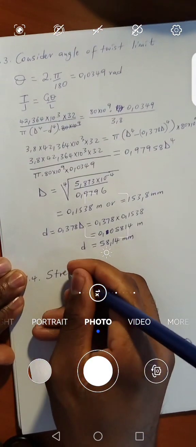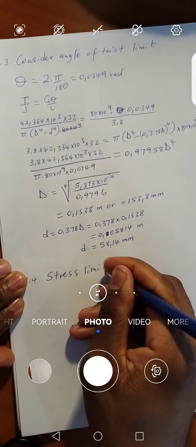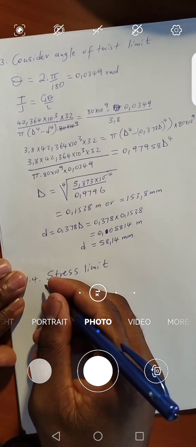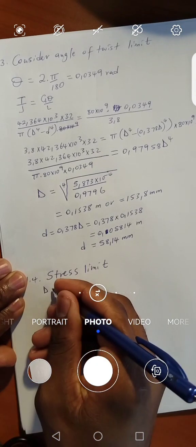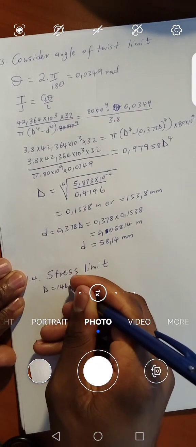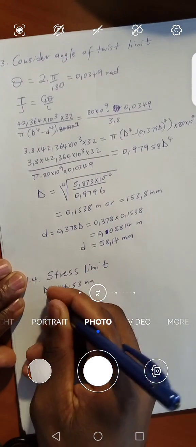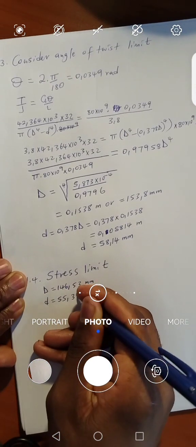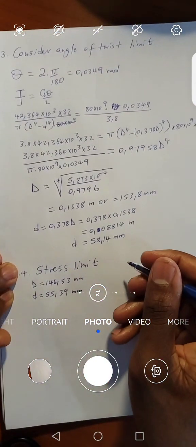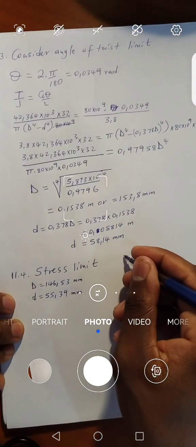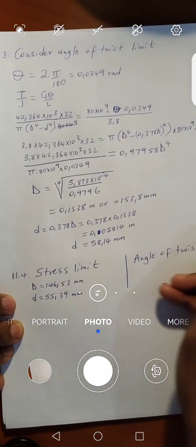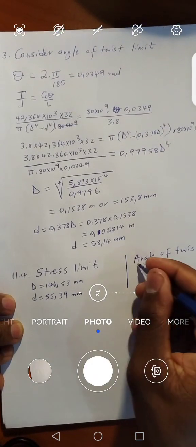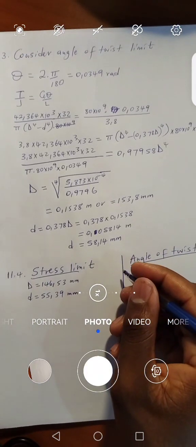When we considered the stress limit, we got these sizes. 146, and then when we considered the angle of twist, we got these dimensions.